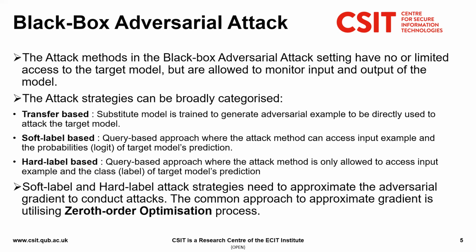In the soft label-based strategy, it is a query-based approach where the attack method can access the input example and the probabilities of the target model's prediction. The hard label-based strategy is a query-based approach where the attack method is only allowed to access the input example and the class of the target model's prediction.